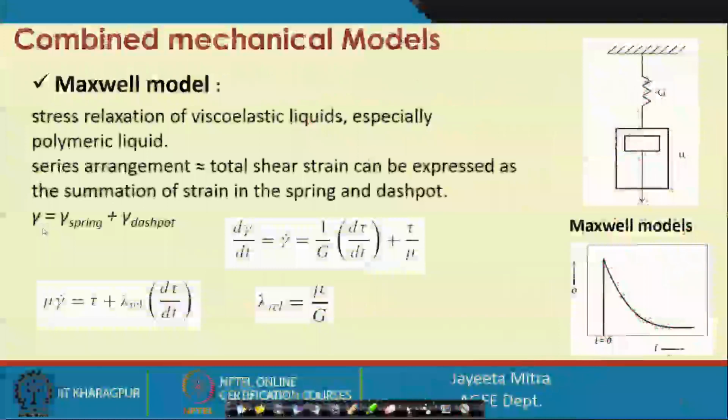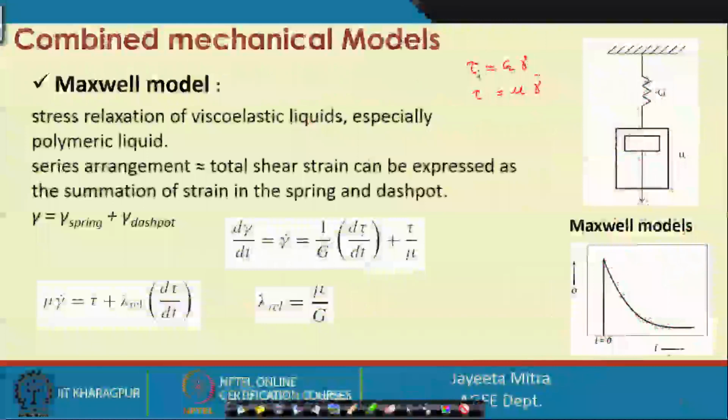and we can differentiate this with time to get the rate. So, gamma dot will be equal to 1 by G d tau by dt plus tau by mu, because it will have both elastic and viscous property. We know that for the elastic material, tau equals G into gamma, and for the viscous material we had tau equals mu into gamma dot.